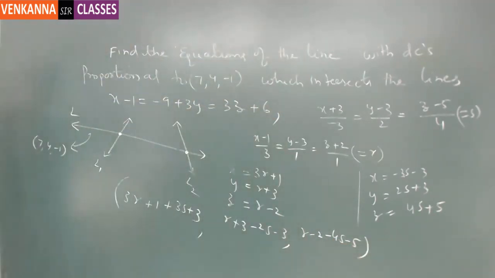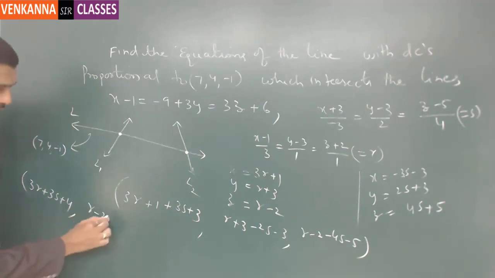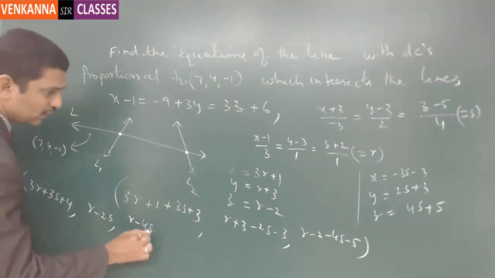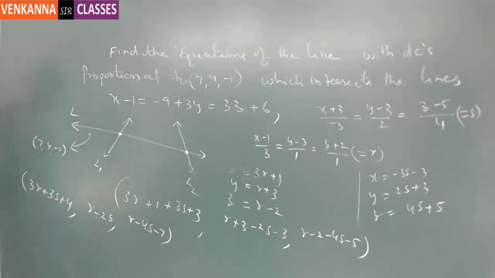So nothing but 3r plus 3s plus 4, comma, r minus 2s, comma, r minus 4s minus 7. Accepted? Yes or no? The DR values.